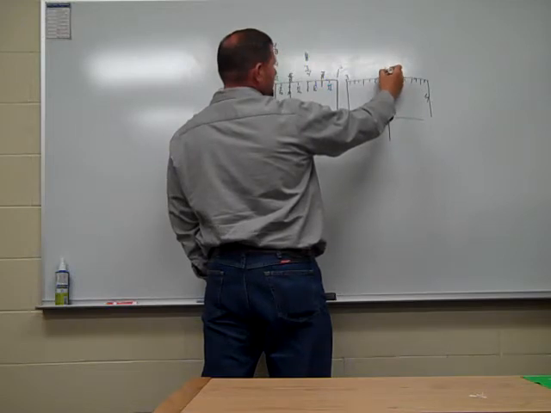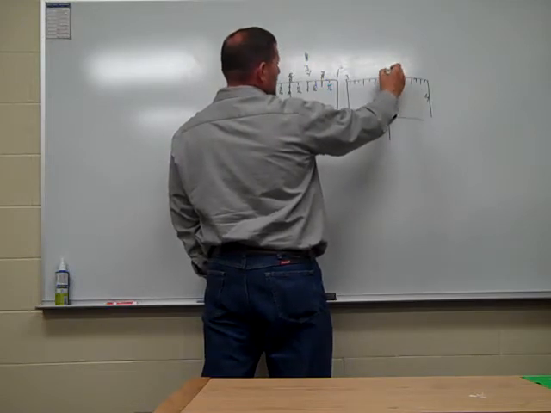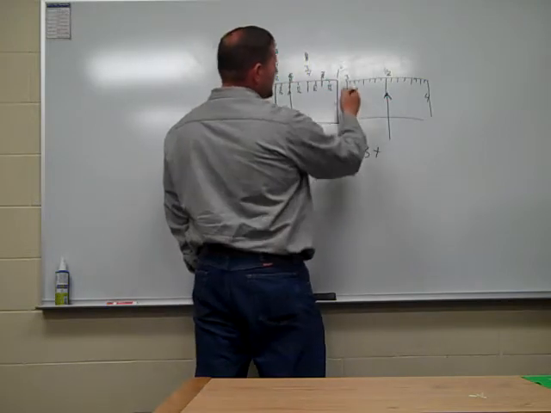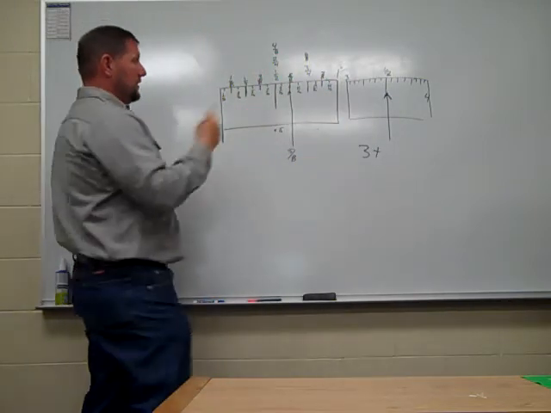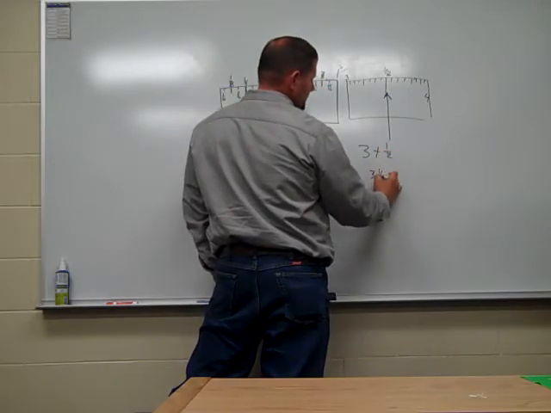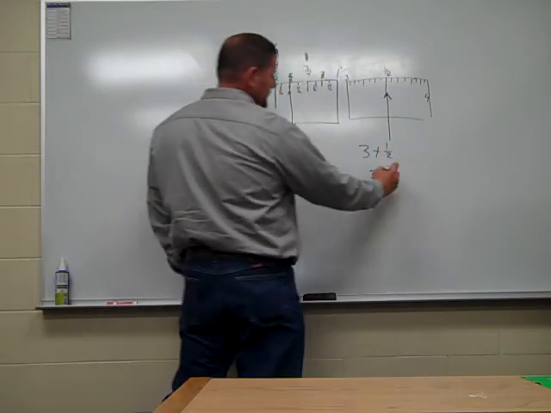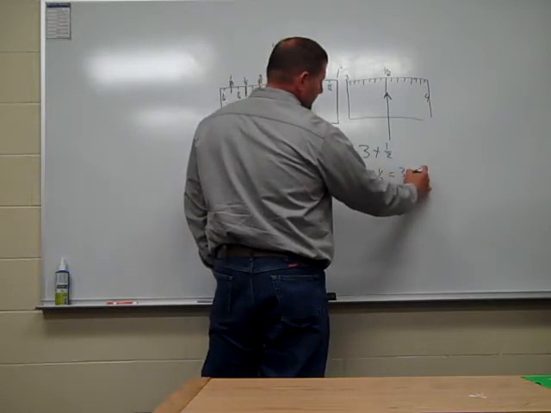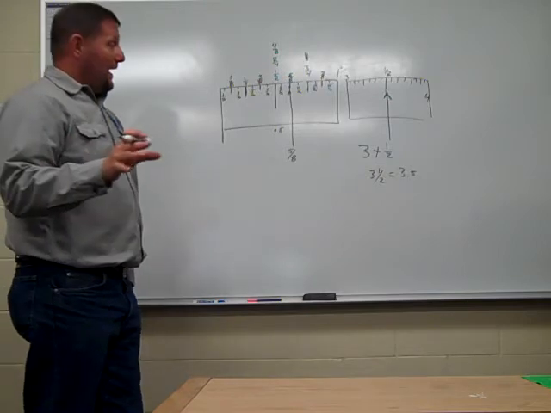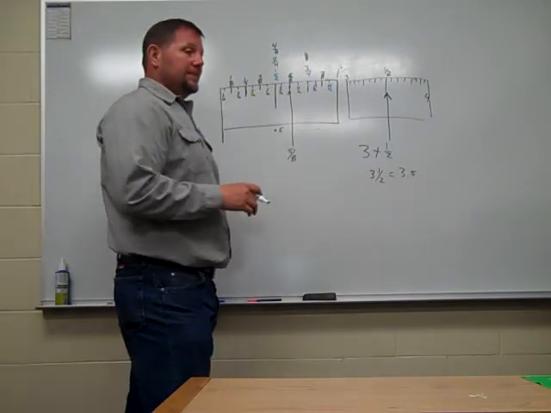Well, that's our 1/2 inch graduation. So it would be 3 plus, because we have 3 whole inches, plus a 1/2 inch, which equals 3.5.